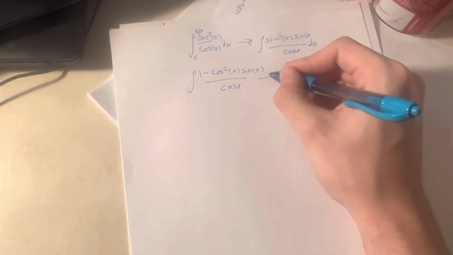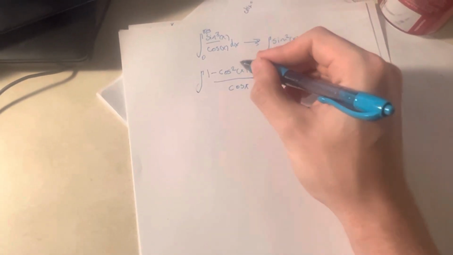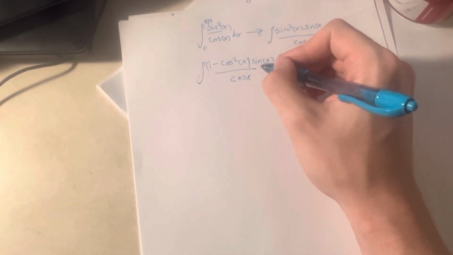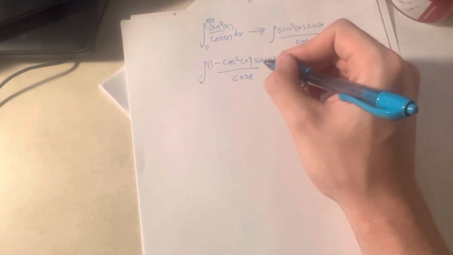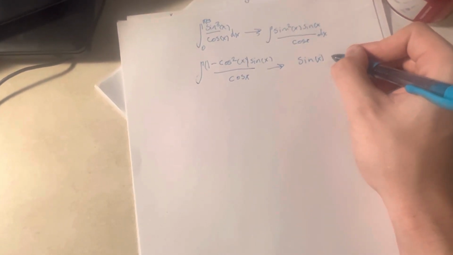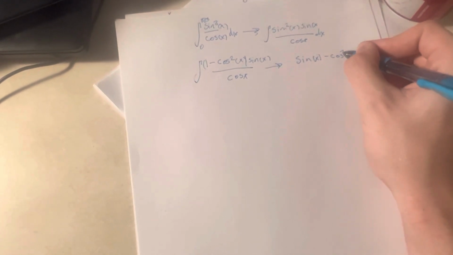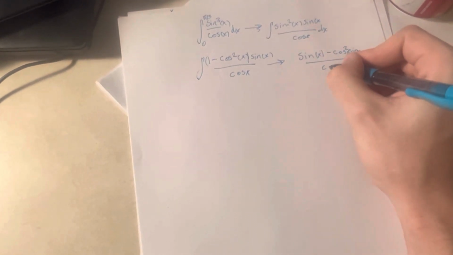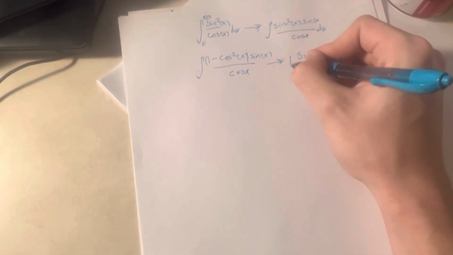So the next step would be to distribute the sine, because 1 minus cosine squared x can be multiplied by sine x, and then we end up with the integral of sine x minus cosine squared x sine x all over cosine x.